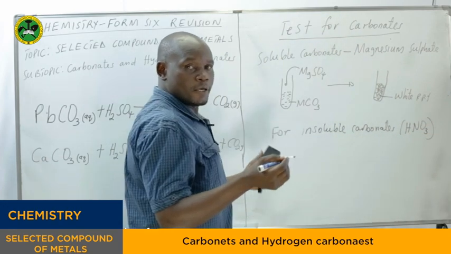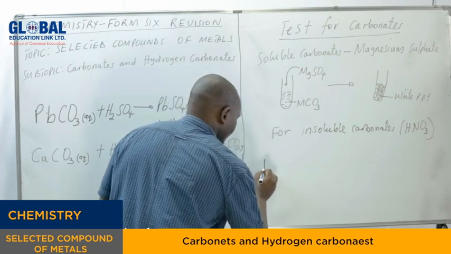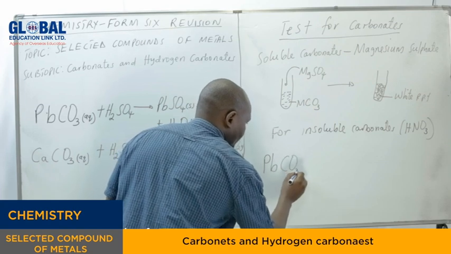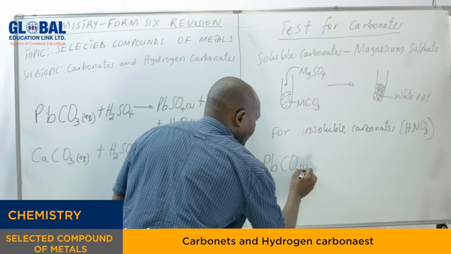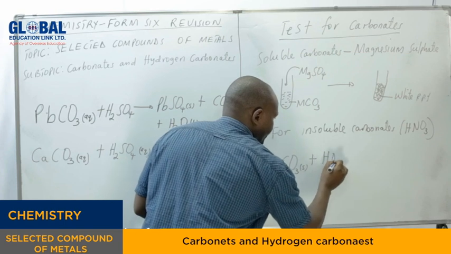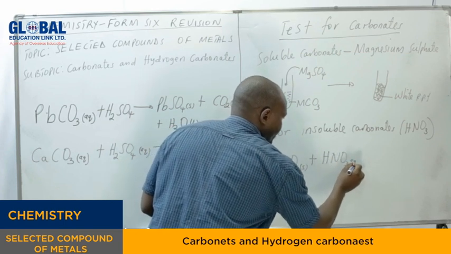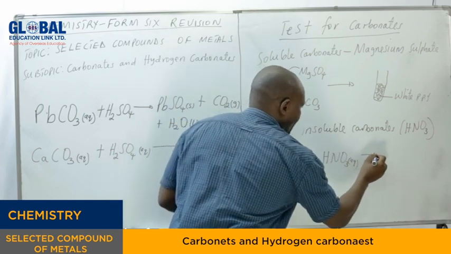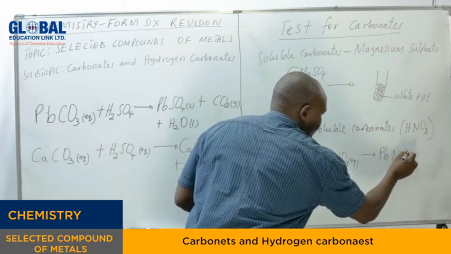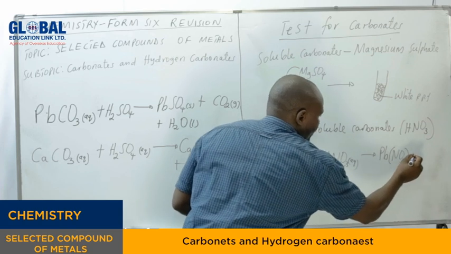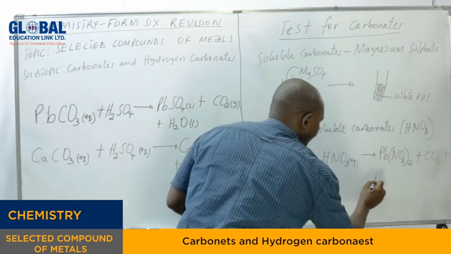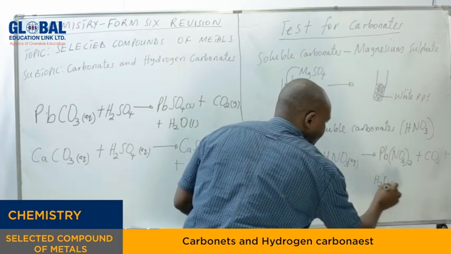Taking an example of insoluble carbonate, which is lead carbonate: if lead carbonate is treated with a solution of nitric acid, the product here will be lead nitrate, then plus carbon dioxide gas and water as a liquid.